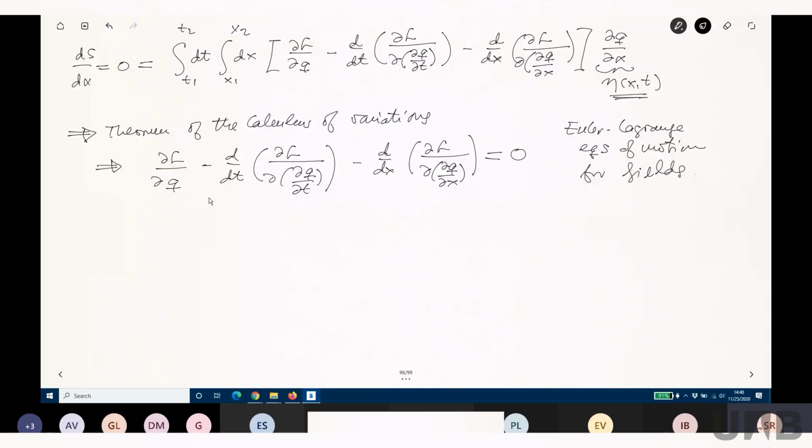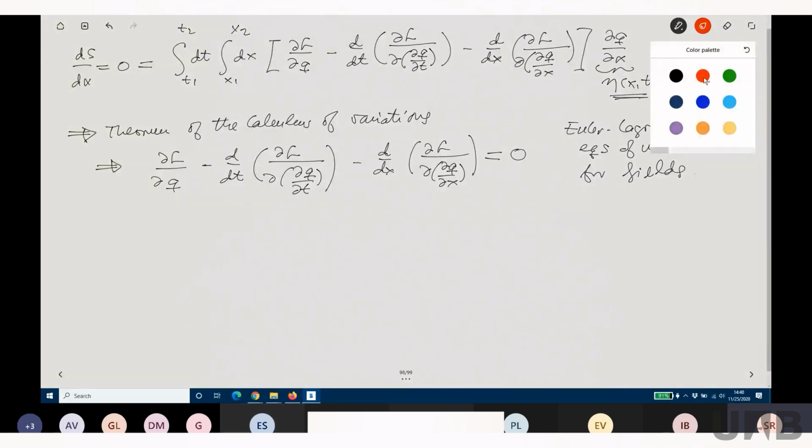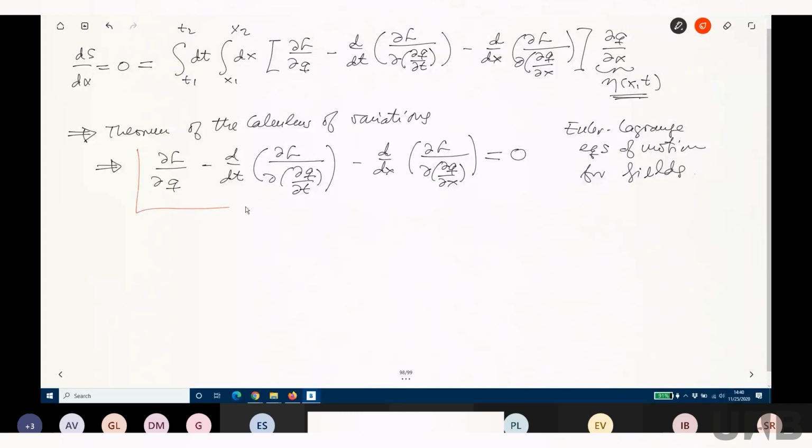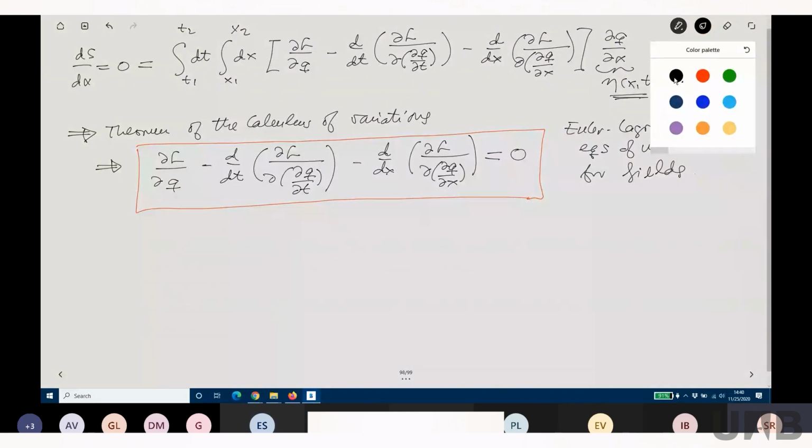So let's pause one second here and see whether there are any comments or questions, because this is going to be the fundamental equation, the battle horse of classical field theory, or one of the battle horses.